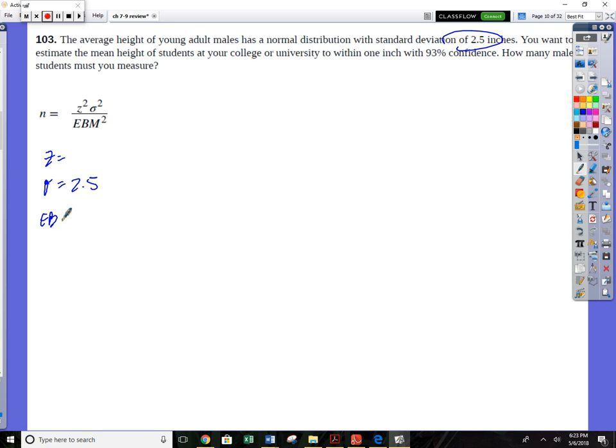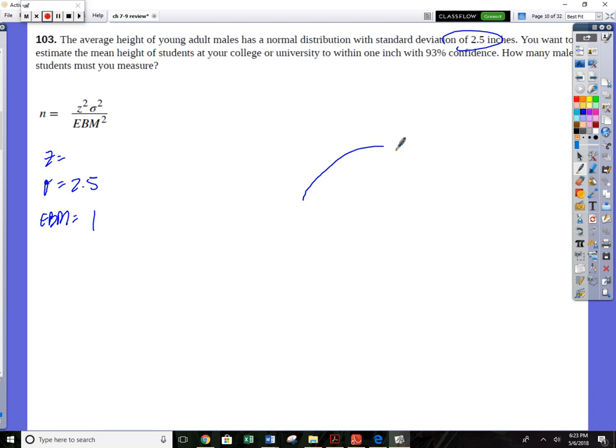So your EBM, what's my margin of error? You want to estimate the mean within 1 inch, so your margin of error is going to be 1.